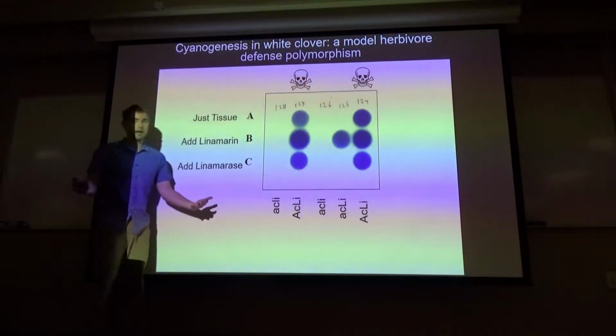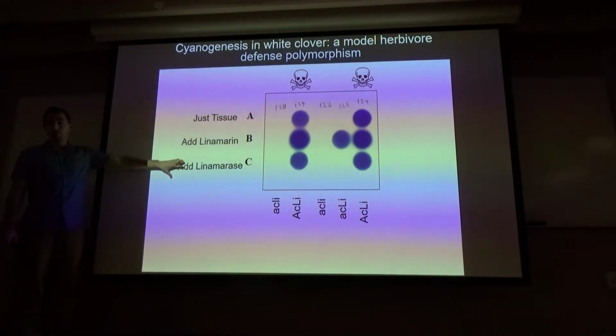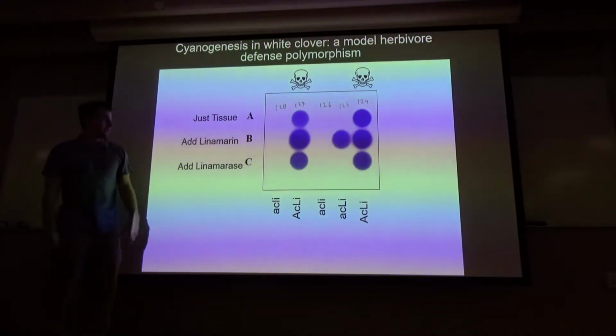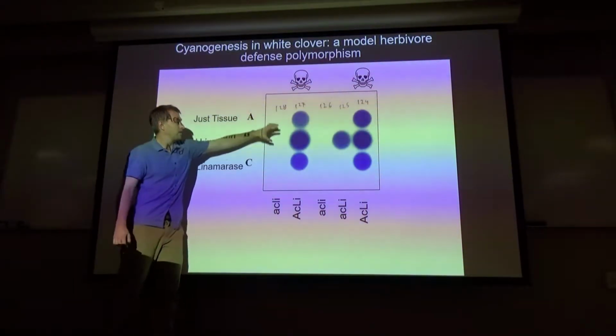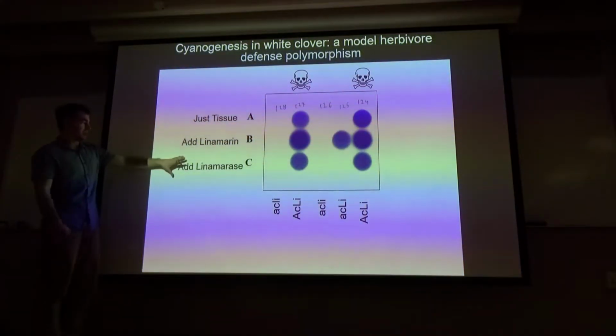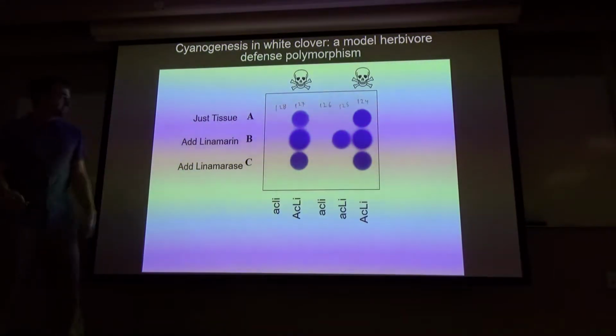So you have at least one big Li allele. Now the other way you can do this is, again, if you add linamarase, you can survey for the presence of cyanogenic glucosides or not. So if you had a blue well here and no blue coloring in either of the other wells, you would say that we have cyanogenic glucosides, but you're not capable of producing the enzyme here.